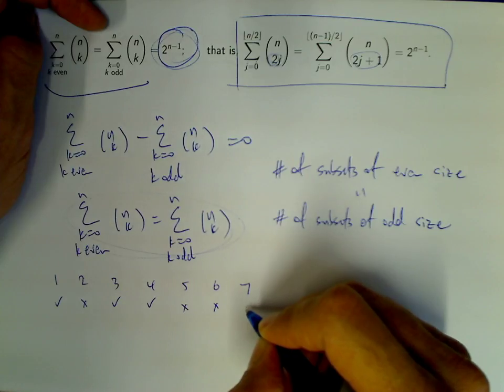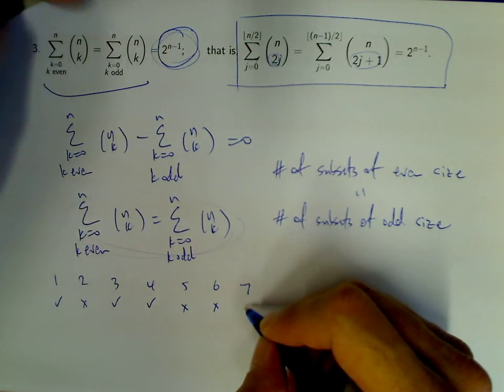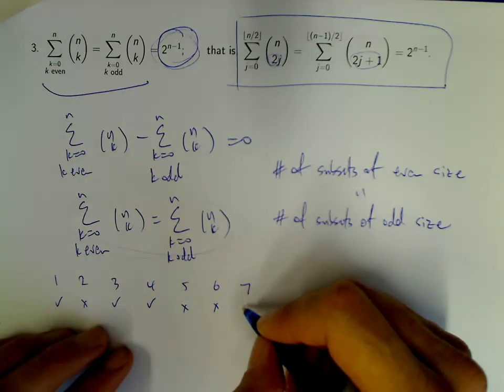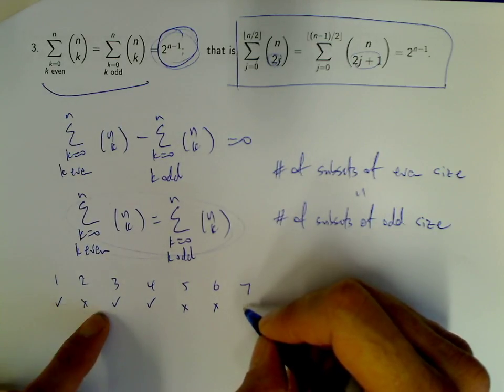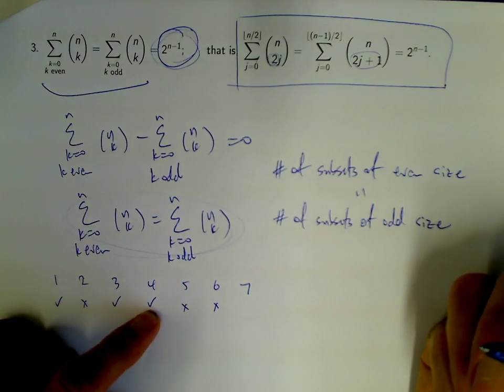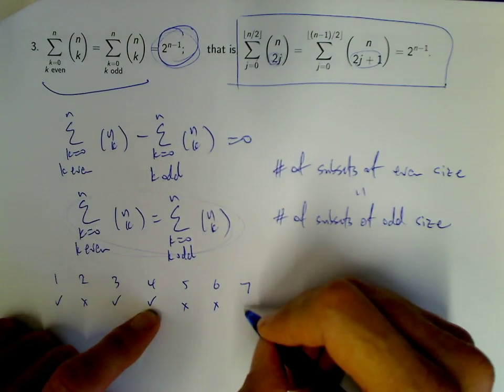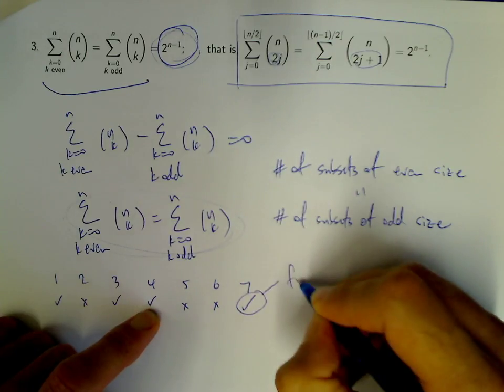And then I come to 7, and I'm no longer free to do what I want at this point. I need to look back and see what I've done before. I go 1, 2, 3. Okay, so I've chosen 3 things so far. If I want the subset to have even size, then I need to include it, right? And so this choice here was forced.